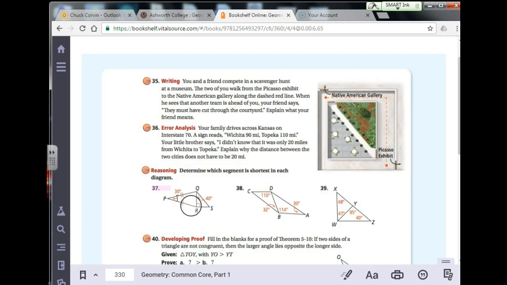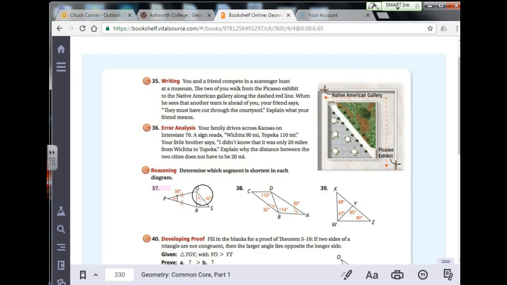Because that's 30, the other ones would have to be 75 and 75. So it's trying to go back to the rule that the shortest angle is across from the shortest side of that particular triangle, and that really is true. QR is the shortest side of this triangle.